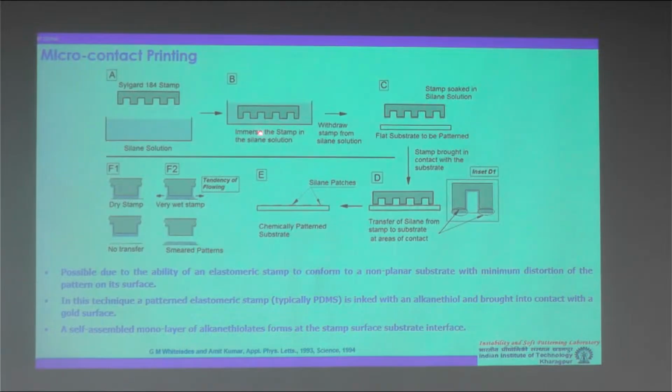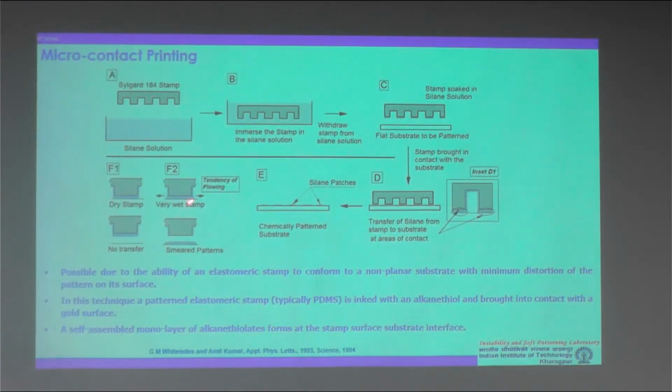If after you withdraw this stamp from the liquid layer, it becomes too dry, then when you bring it in contact with this surface, the molecules do not flow from the stamp to the surface because it has become too dry. So then again, pattern replication does not happen.